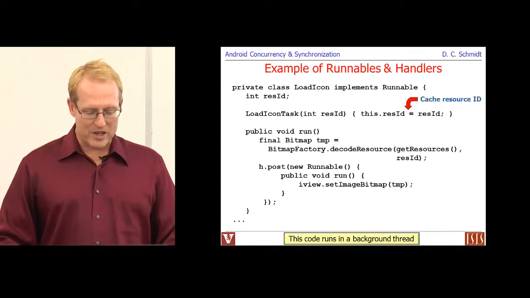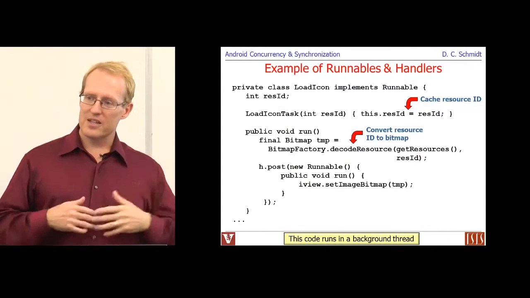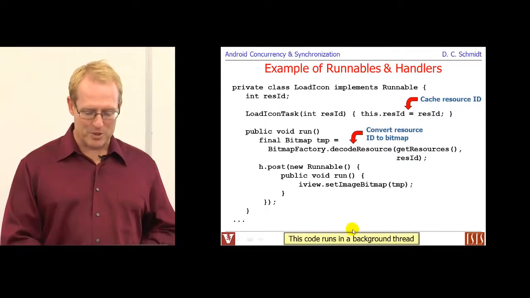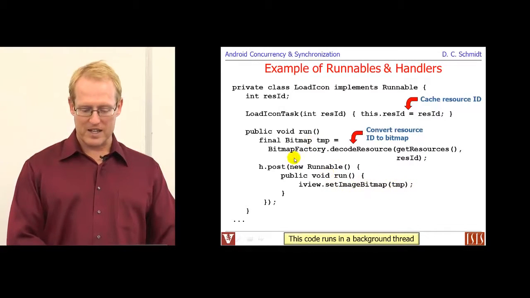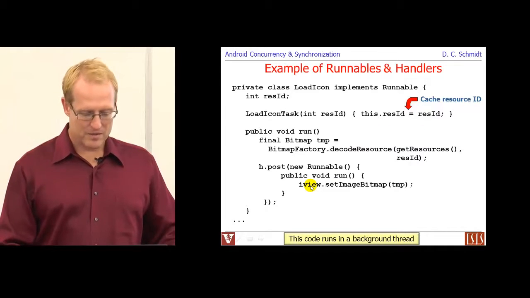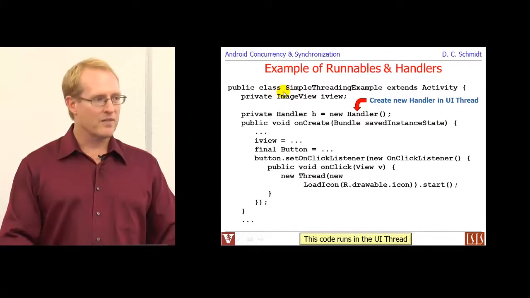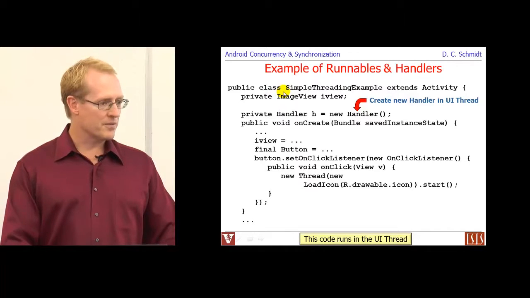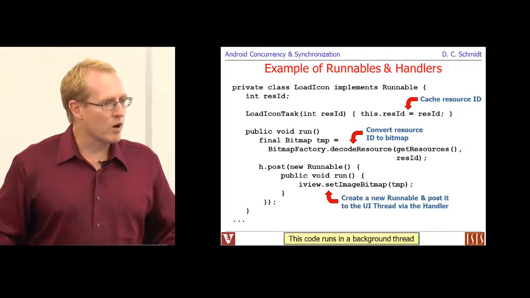And then once we've done that, we say, handler, please post this newly created runnable object with a run method that's going to go ahead and set that image bitmap to the thing that was defined here on the image view, that was defined back over here as a private element of our activity subclass. So we're going to create a new runnable.